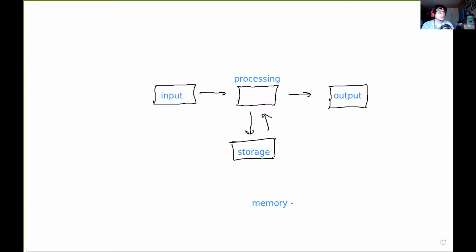A place to store our data so that we can use it later. Yeah, it's a bit of a circular definition, but it's a decent definition. Any other ideas?